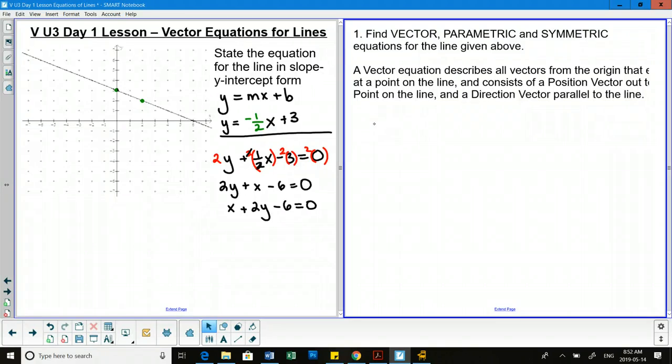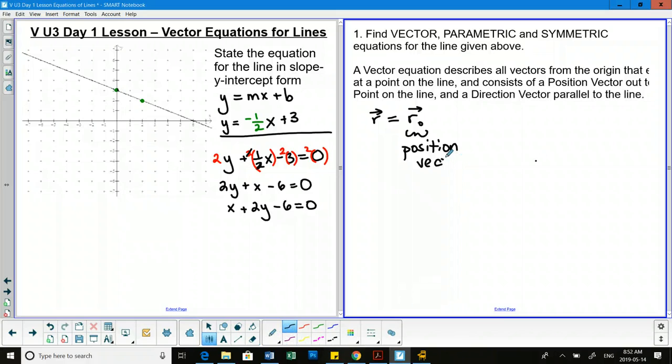So essentially how we're going to express our vector equation in 2D is we're going to call it vector R. And this is going to be R naught, which is our position vector, the vector that goes from 0, 0 out to a point on the line.